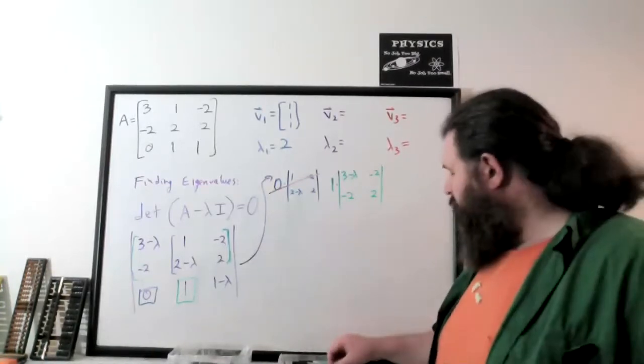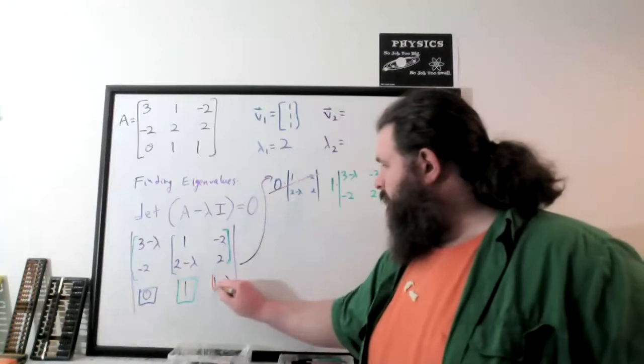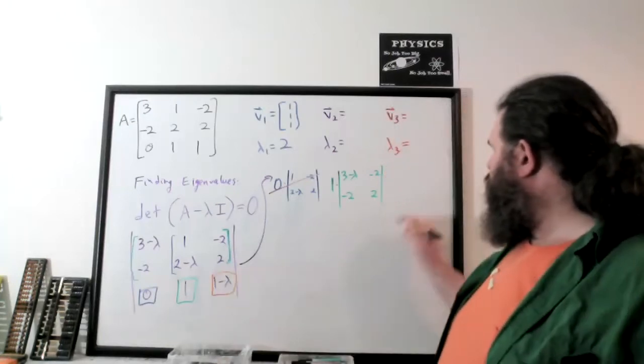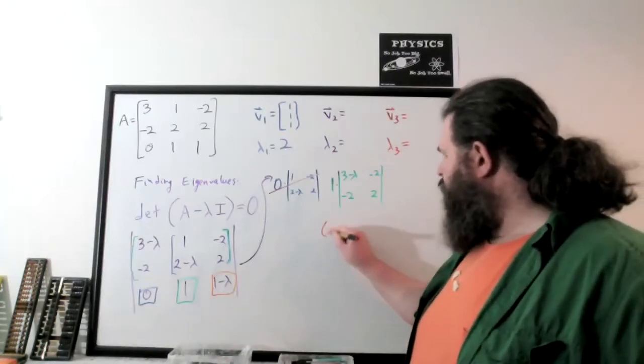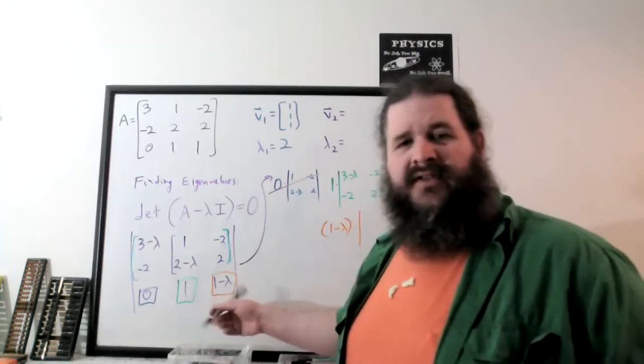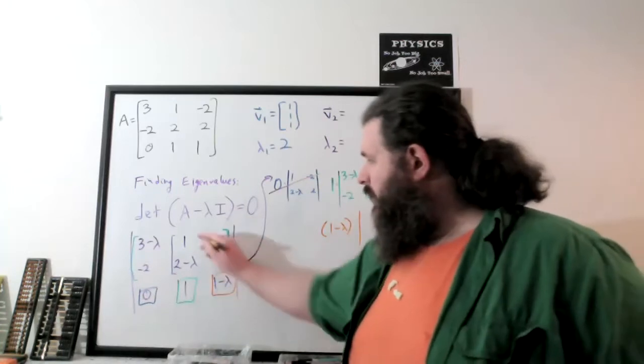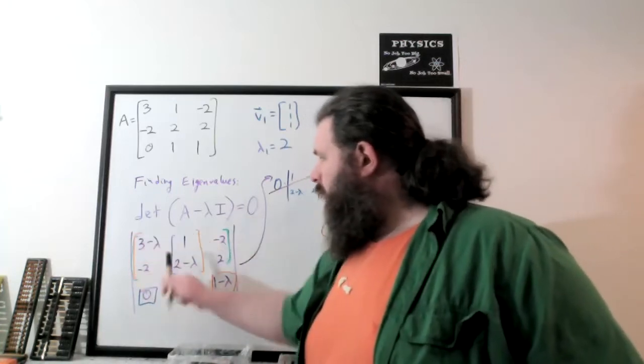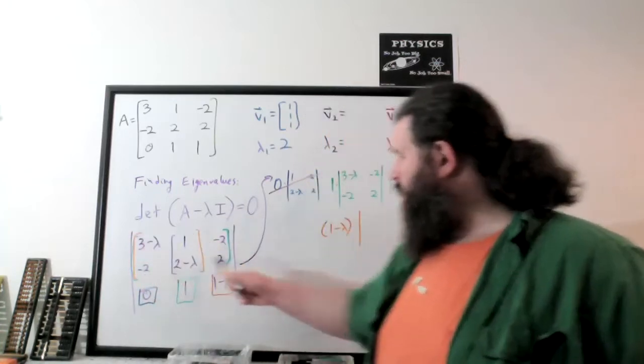And then lastly, we've also got a 1 minus lambda. That's going to be multiplied by the subdeterminant of everything not in the third row, third column: 3 minus lambda, 1, -2, 2 minus lambda.